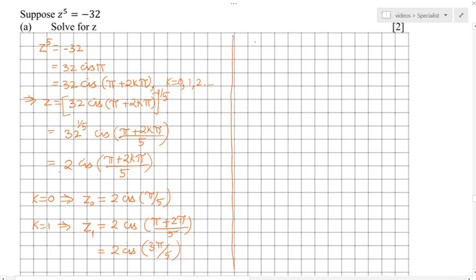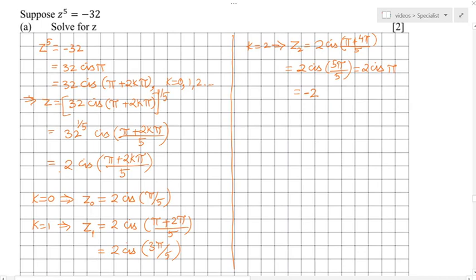Let's go to the second column here. k equals 2 will give me the root z2, which is 2 cis of (pi plus 4 pi) over 5, which becomes 2 cis 5 pi over 5, which is 2 cis pi, which is minus 2, because cis pi is equal to minus 1.